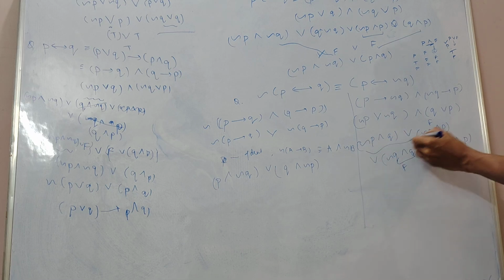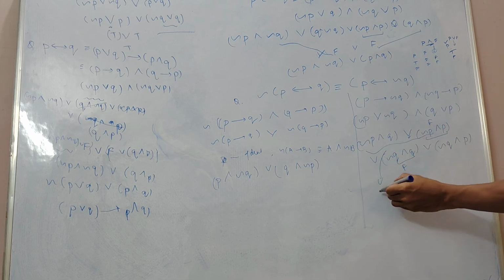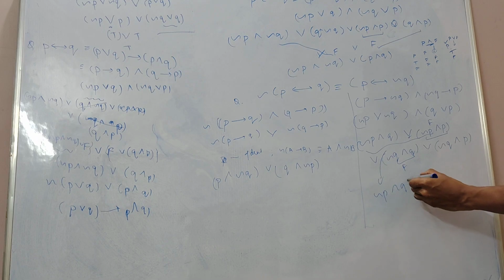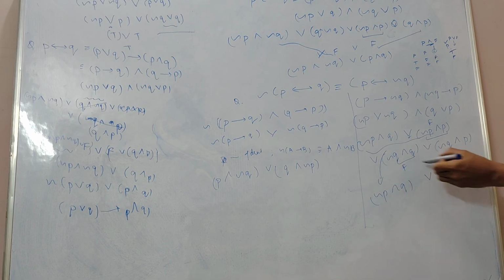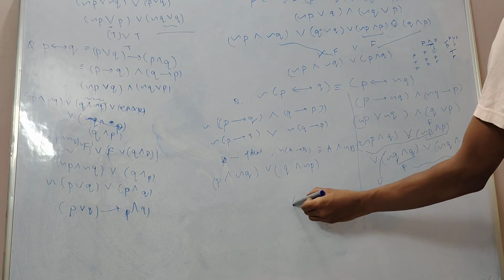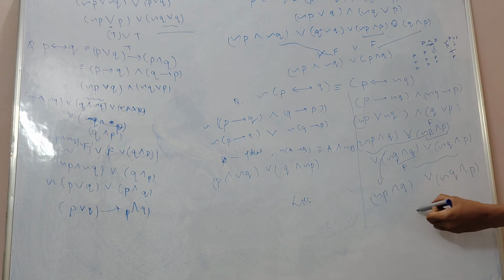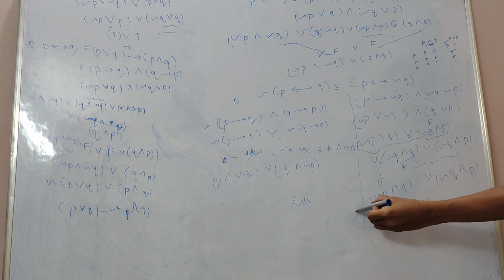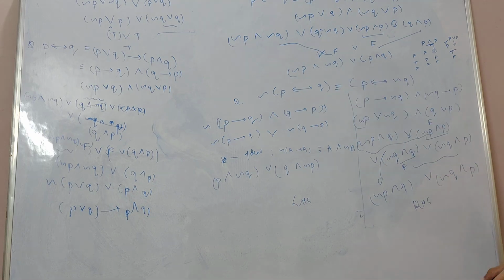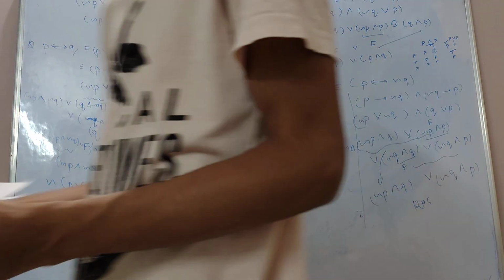Because there is OR, this will give me the same thing, and this will again give me the same thing. So LHS is equal to RHS, that's why these two are logically equivalent, hence proved. Now further we will discuss in next question, right?